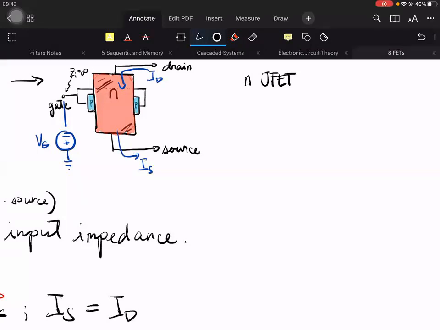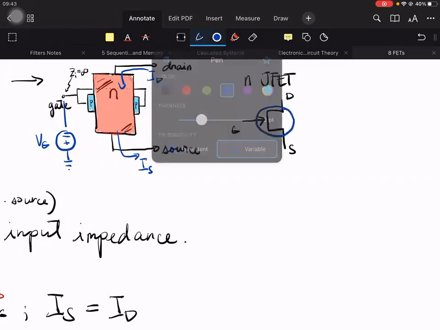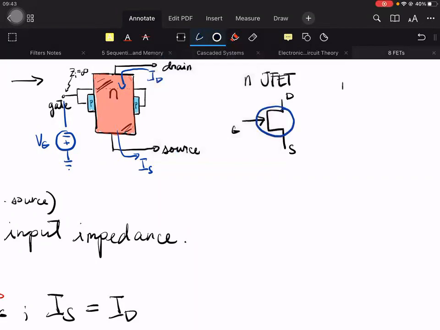For the N channel JFET, the arrow will always flow inward. So this is the symbol for our JFET. This is the gate. This is the drain. This is the source. For the P channel JFET, of course, the same ba? But ang arrow is pa gawas.